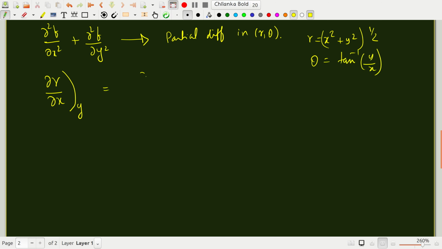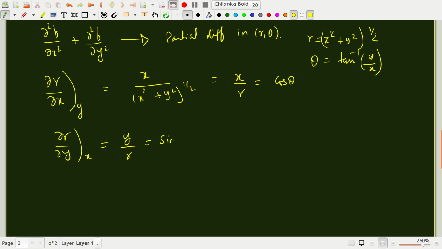This is nothing but x upon x squared plus y squared to the half. This is x by r, which is cosine theta. Similarly, you can verify that partial r partial y at constant x is y by r, which is sine theta.